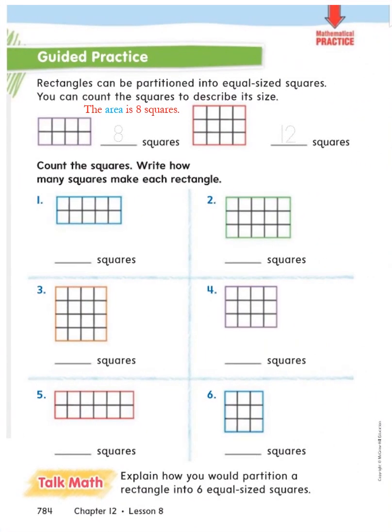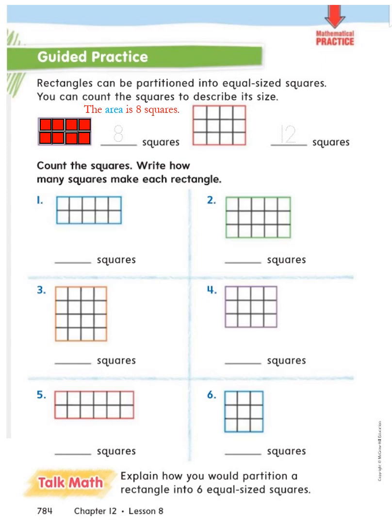So at the top here, it says rectangles can be partitioned. Remember, that means they can be broken up into equal-sized squares. You can count the squares to describe its size. So if we look at this first rectangle, it's been partitioned into how many parts? 1, 2, 3, 4, 5, 6, 7, 8.